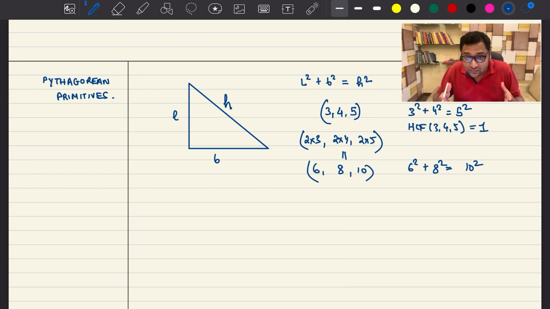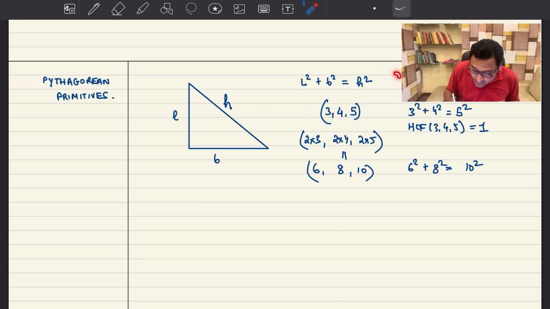So it works. In fact, this is one of the proofs that there are infinitely many Pythagorean triples. There are infinitely many triangles with integer side lengths. All three sides are integers, which are right angle triangles. It's not always the case that there are infinitely many integer solutions to a certain equation.